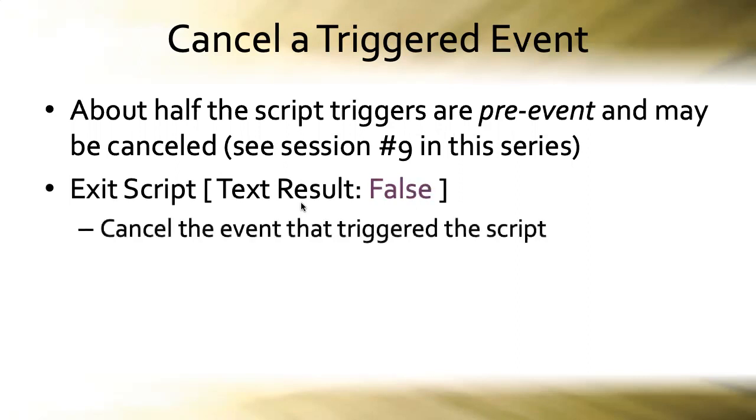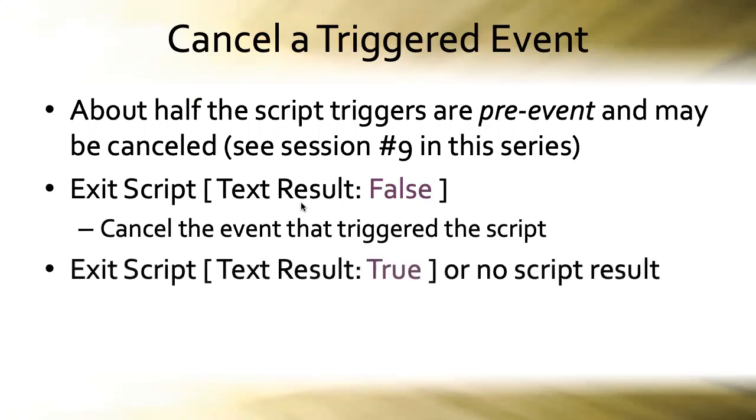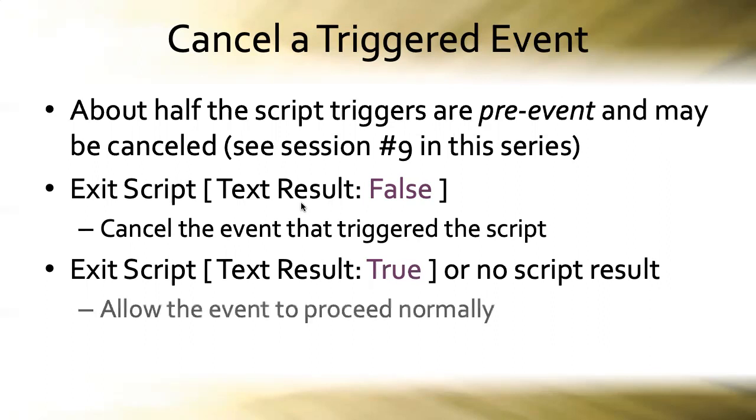That will cancel the event that triggered the script. On the other hand, if we use the exit script step and pass back a text result of true, or we pass back no script result, or we don't even use the exit script step in a called script, then that will allow the event that triggered the script to proceed normally.